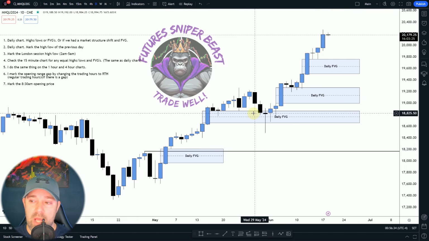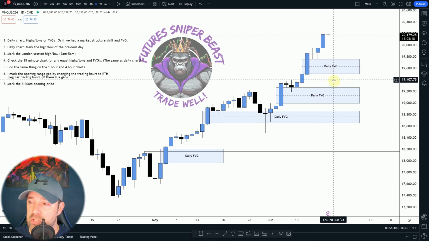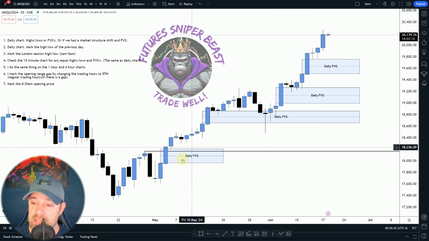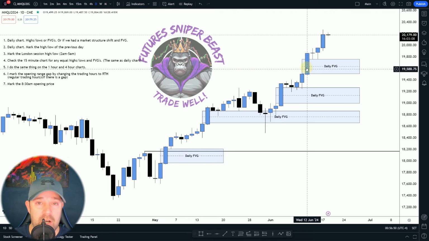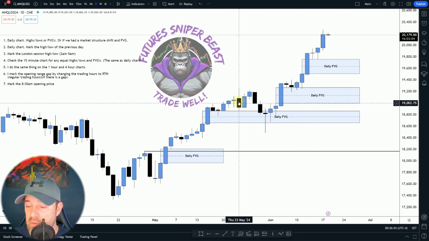So when am I going to really be bullish for the long term? Well, once we get another market structure shift to the downside, this same thing but in the opposite direction, then I'll believe we're going to be bearish. Even though we've been in a bullish run here, pretty much most of May and June, obviously you're going to have down days.